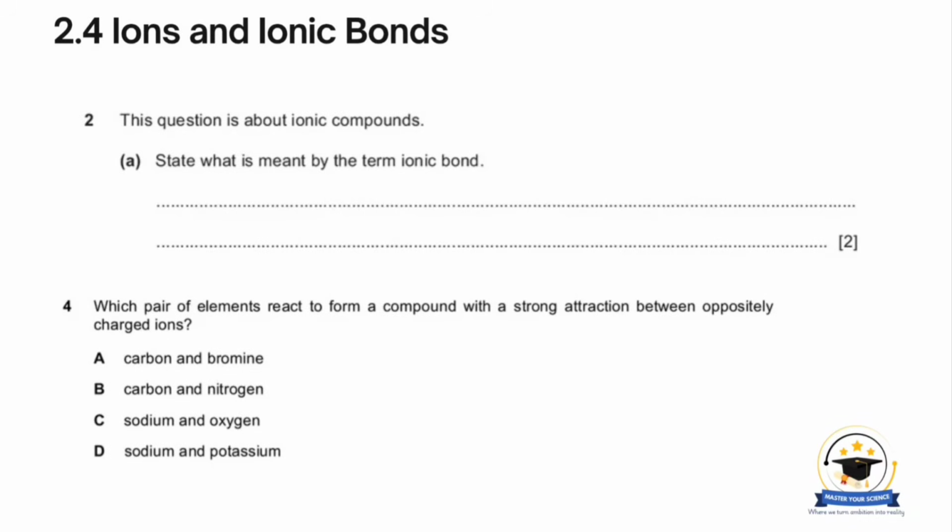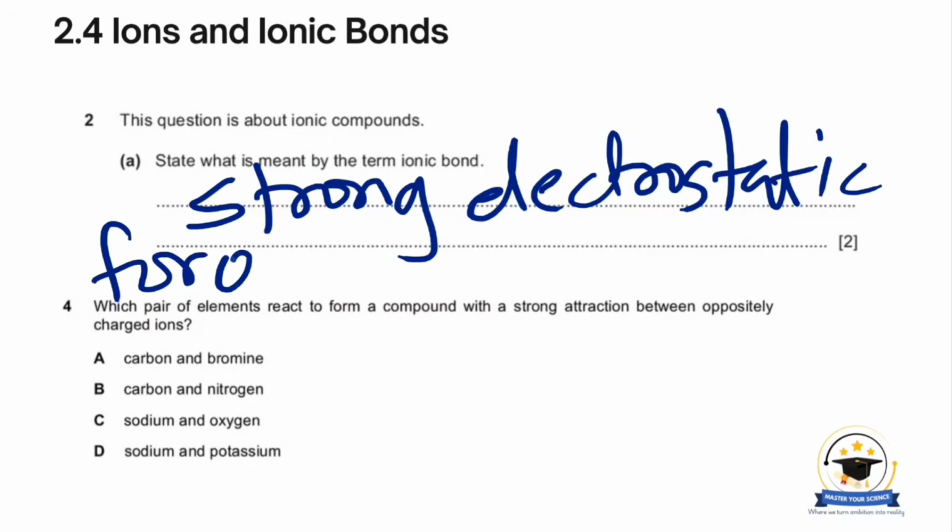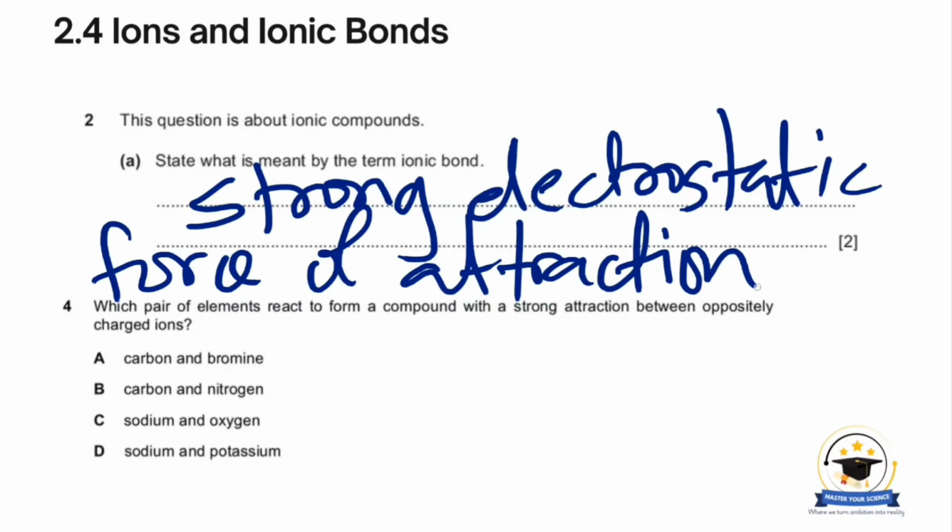And this question is about ionic compounds. State what is meant by the term ionic bond. So an ionic bond is a strong electrostatic force of attraction between oppositely charged ions.